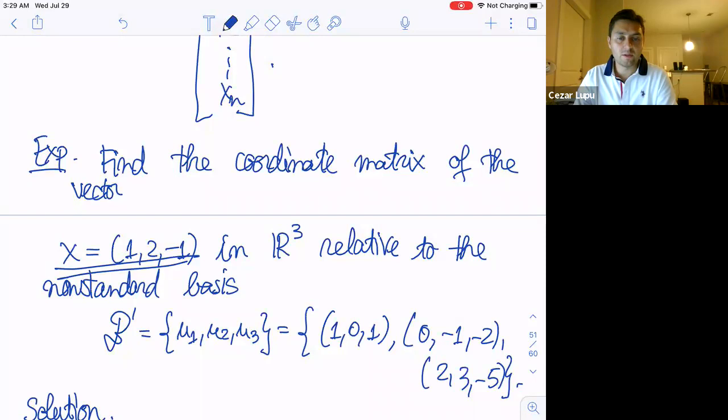The first one is 1, 0, 1. The second one is 0, -1, -2. And the third one is 2, 3, and -5.